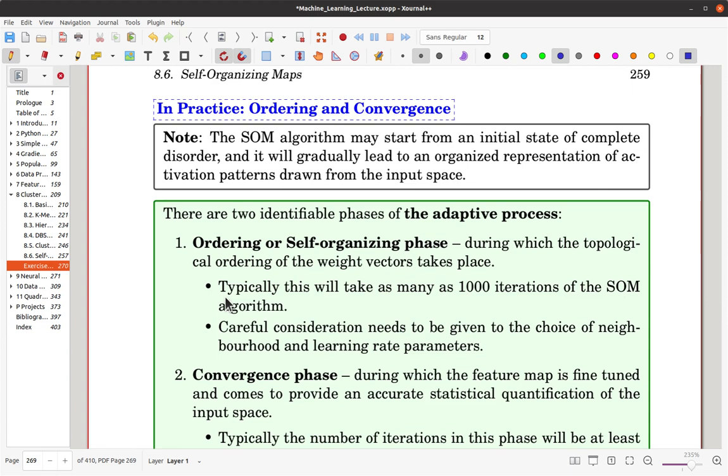The ordering and self-organizing phase typically requires at least 1,000 iterations, so it takes a long time. You need very careful choice of the parameters, neighborhood functions and so on. If you do it carelessly, you cannot get a good organizing phase.